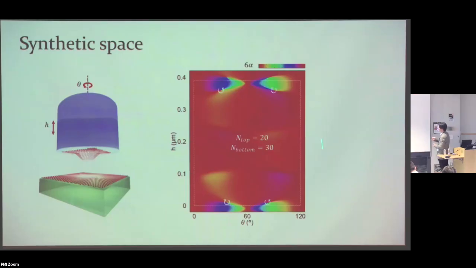And you see this nice color plot with some peculiar features that we will go into. But one thing I want to mention is that this is a periodic function of both h and theta. In some sense, this is called a synthetic Brillouin zone, because the topology of this system can be mapped to a two-dimensional Brillouin zone.